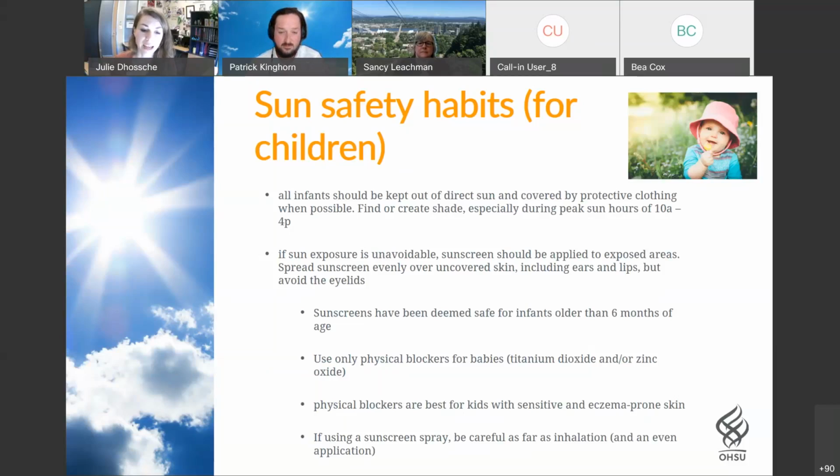And really these kinds of sunscreens are also best for kids with sensitive and eczema prone skin. Sunscreen sprays, I get a lot of questions about this too, because a lot of people like them. They can be easier to apply, but they're usually chemical based, and you have to be careful because they can be harder to get an even application, and then you have to think about the inhalation risk, especially for children as well.